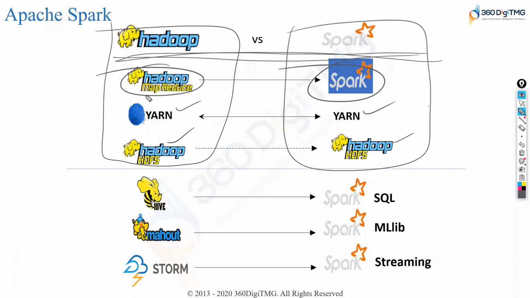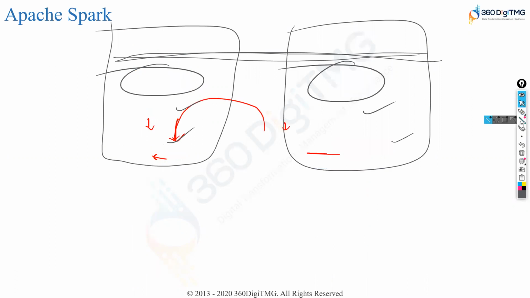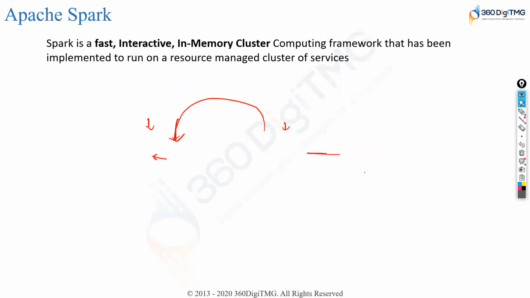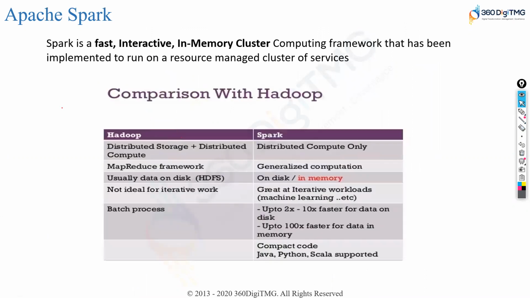So I will not use that, I will use Spark capability. Because Spark does not have storage capacity, it has to rely on some storage devices. Why not Hadoop? Because Hadoop also has a distributed environment. Spark uses the same hardware.